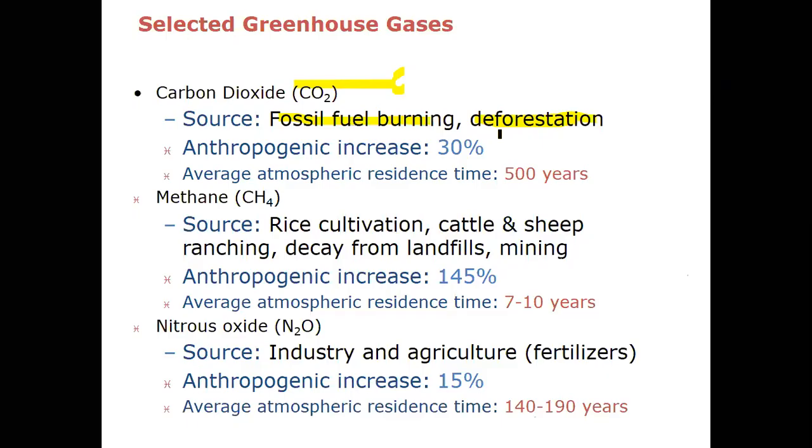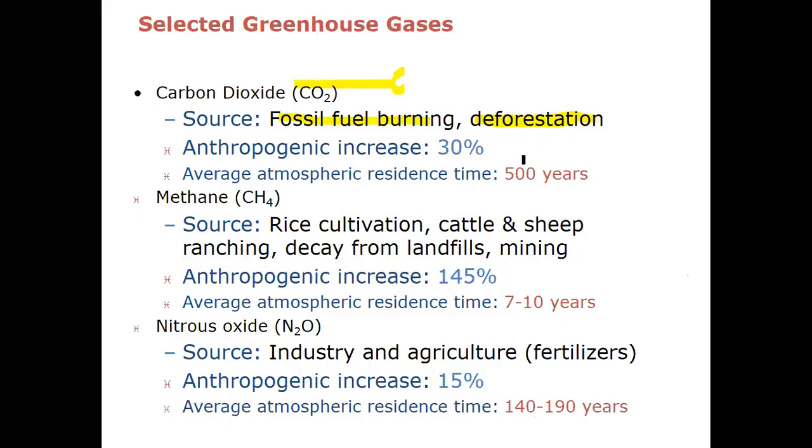So by destroying forest, what happens? There are no plants to do the photosynthesis process. So there is no place to absorb the CO2 from the atmosphere. Therefore, due to the deforestation process, the CO2 level of the atmosphere is increased.